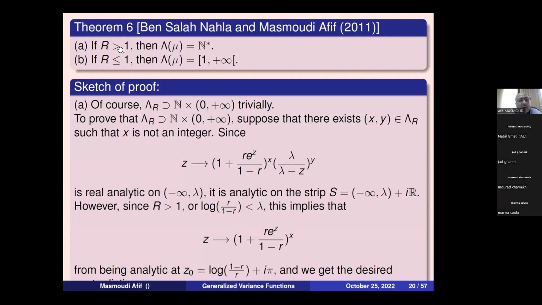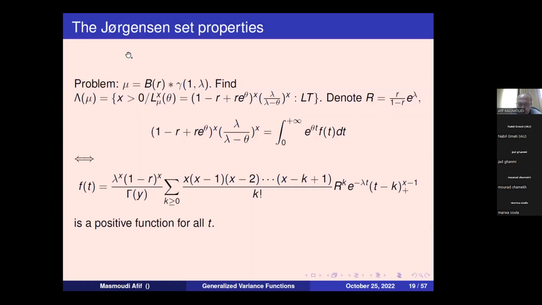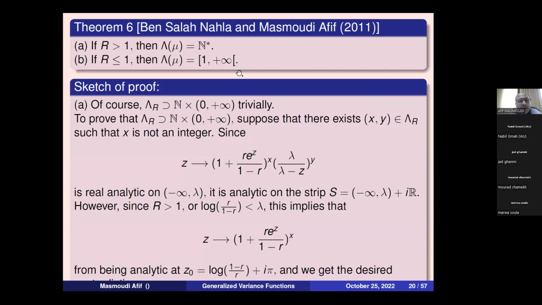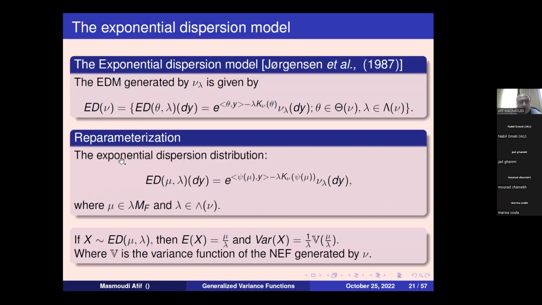If R is strictly greater than 1, and R is given by this expression, then the Jorgensen set is equal to the set of integers. If R is less than 1, then the Jorgensen set is equal to the interval (1, +infinity).